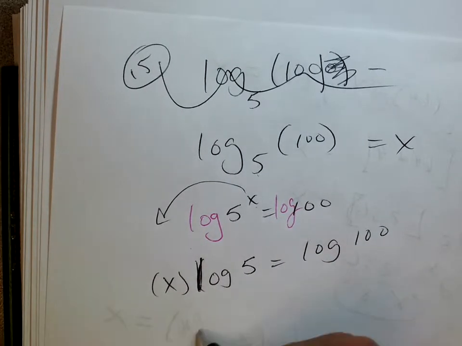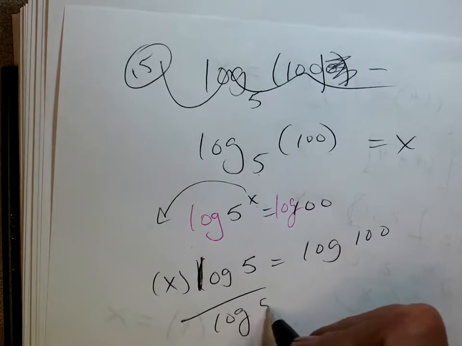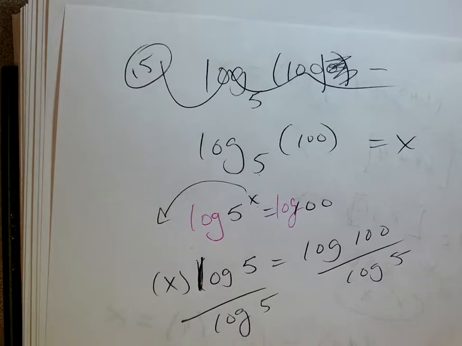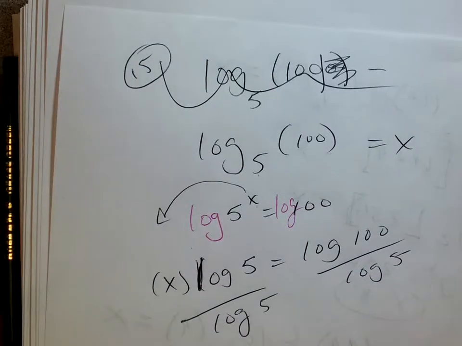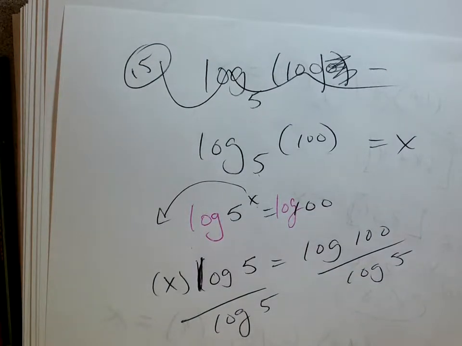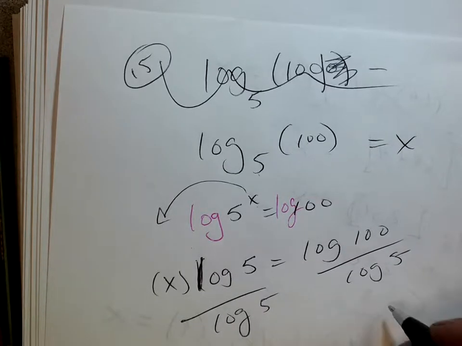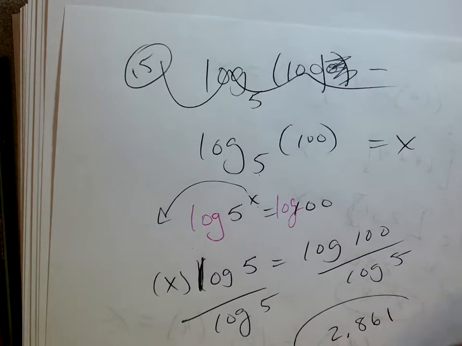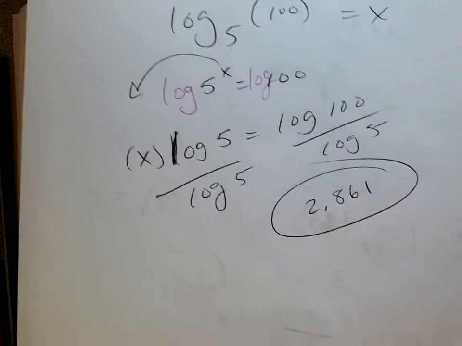Divide by log 5, divide by log 5. So we'll do log 100 divided by log 5. We'll find out what that is in a second. How about 2.861? 2.861. How am I doing?